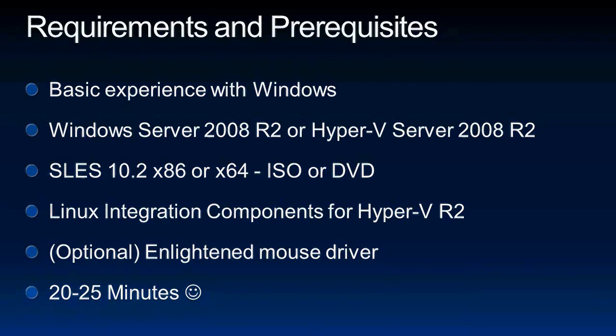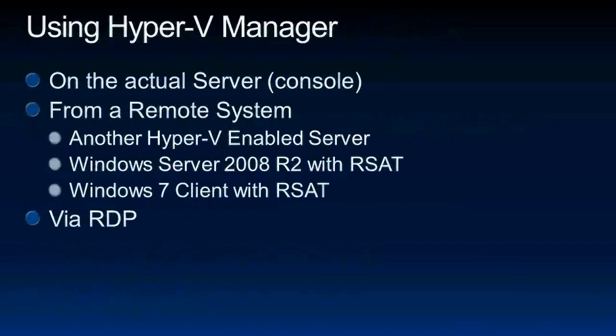With regards to time, on a standard server it takes about 20 to 25 minutes from the moment you connect to start installing SLES until it is fully configured with the ICs and the added drivers. The first step would be using Hyper-V Manager on a Windows Server 2008 R2. You can do this in three ways.